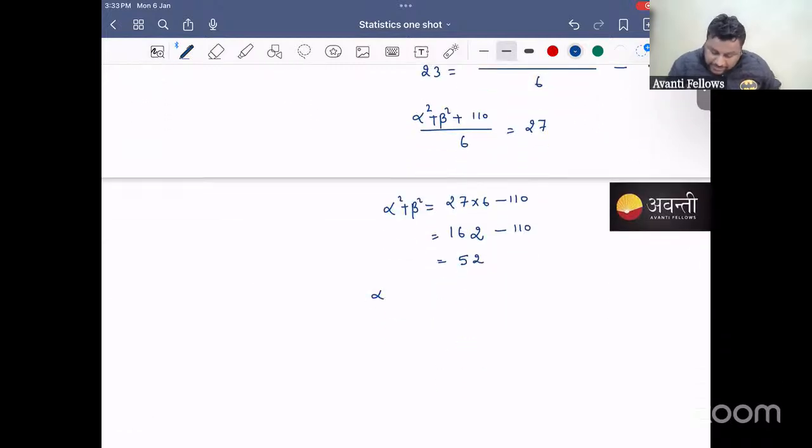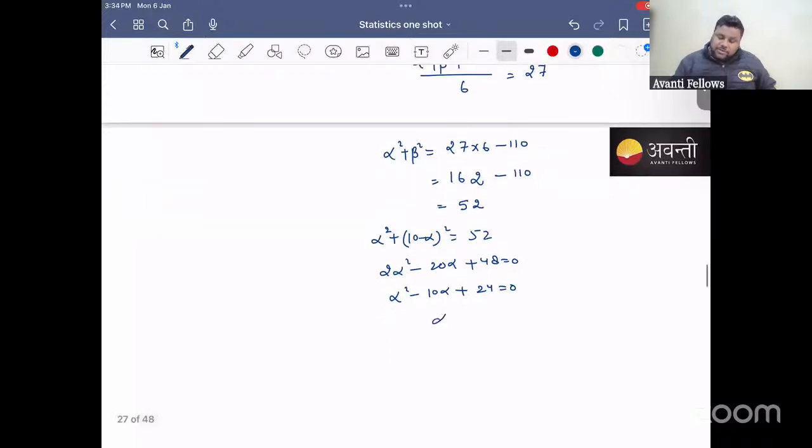So it is alpha square plus (10 minus alpha) whole square is 52. So it will be 2 alpha square minus 20 alpha plus 48 equals 0. Alpha square minus 10 alpha plus 24 equals 0. So alpha will be 4 or 6, and in the same manner, beta will be 6 or 4.